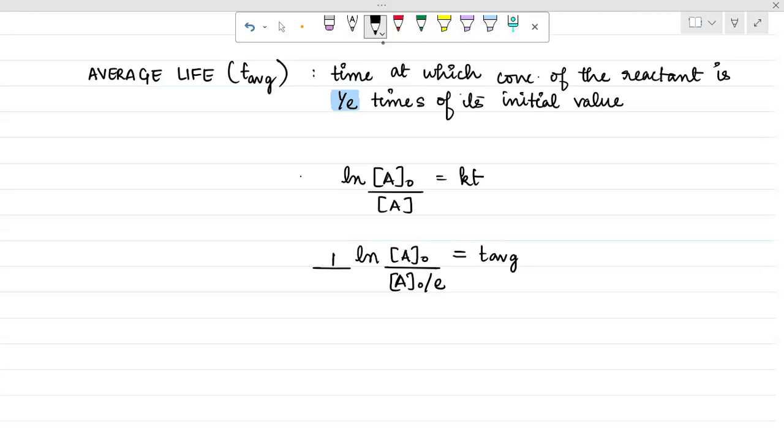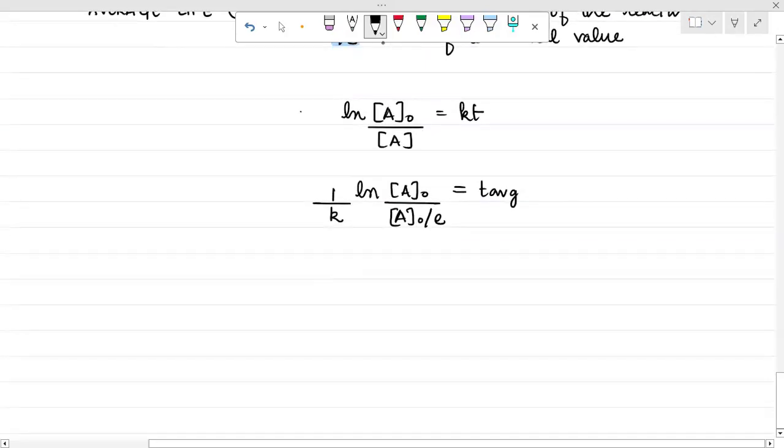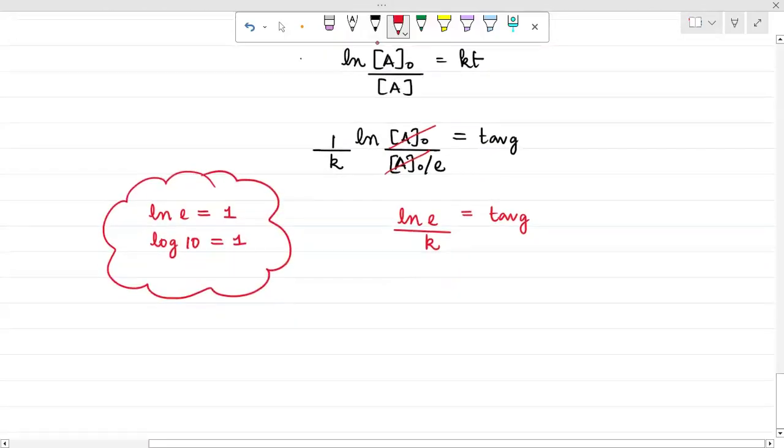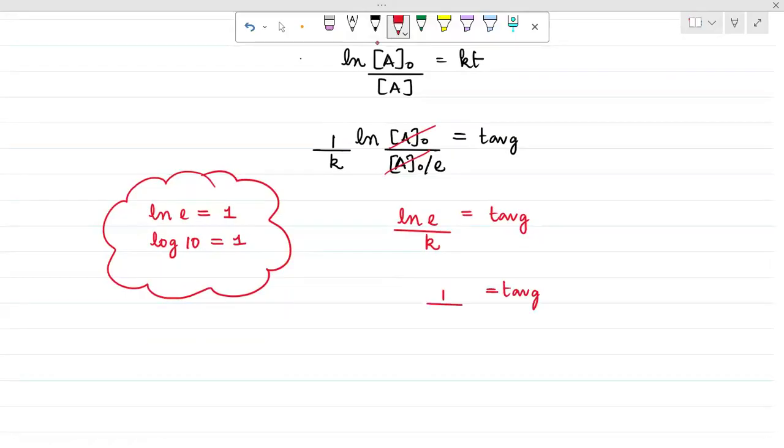And if I take K to the other side, this becomes like this. So A naught gets cancelled. So it is ln E by K, which is equal to T average. And what is the value of ln E? Ln E is equal to 1. Okay. And log 10 is also equal to 1. So T average is equal to 1 by K.